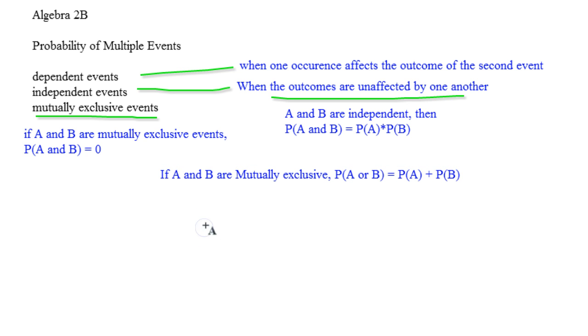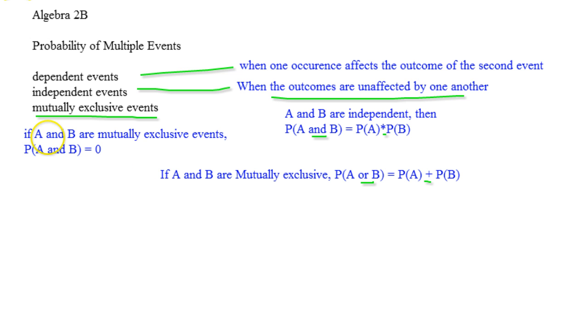So this is the one where you add. A lot of math teachers like to say that for the and you times and for the or you add. But it depends upon if it's mutually exclusive or if they're independent, that type of stuff.